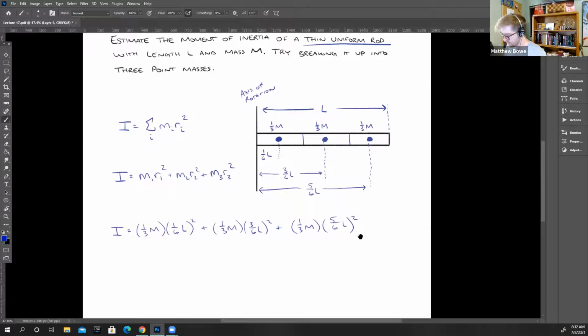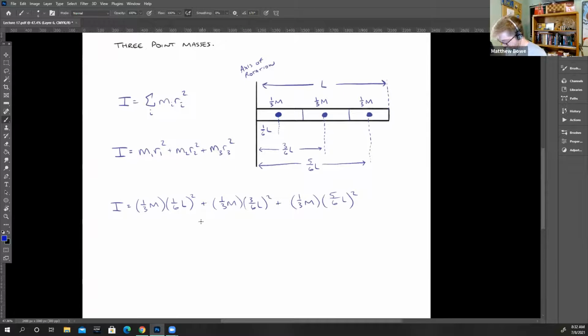I'm not going to do all of the intermediate steps here. I'm going to say we get a value of 35 over 108. And I wasn't given a specific mass or length, so those terms remain. So it's mass times length squared. So that is the moment of inertia that I'm estimating.